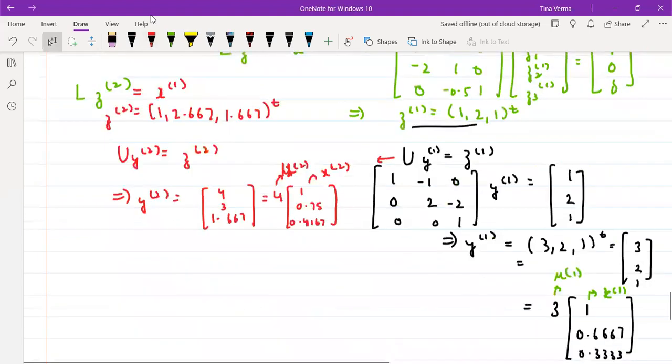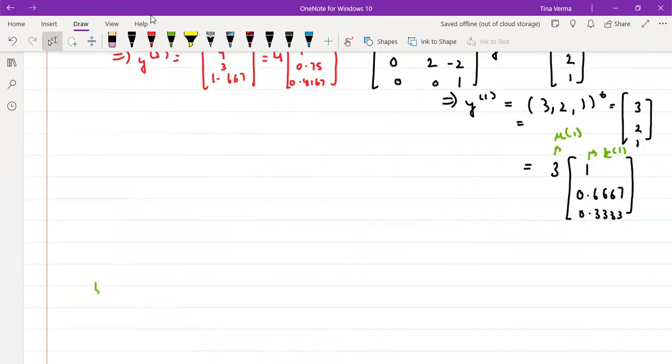That means the stopping criterion is only 2 iterations. So mu2 you have already obtained, that is 4. And how will you obtain the smallest eigenvalue? Lambda will be 1 upon mu2, that means the smallest eigenvalue of A will be 1 by 4.